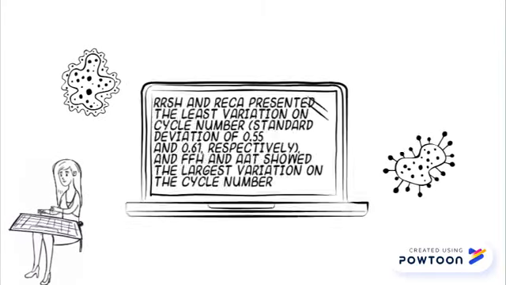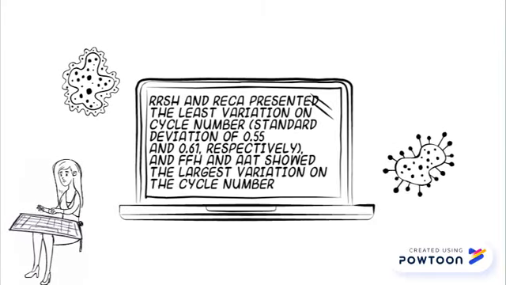Overall, the selected genes presented minimum cycle variation across all samples, as indicated by the low standard deviation of the mean CT. Most genes showed cycle variation below 1 cycle and none above 2 cycles.